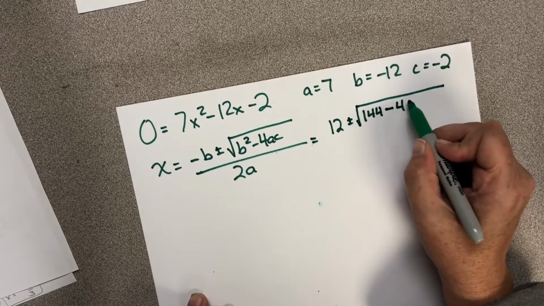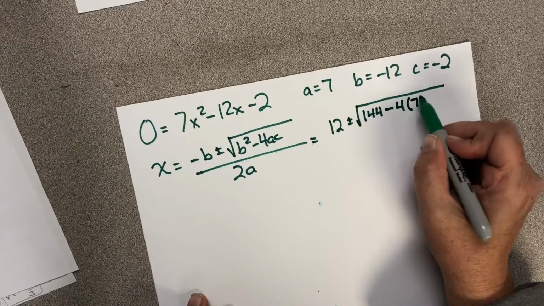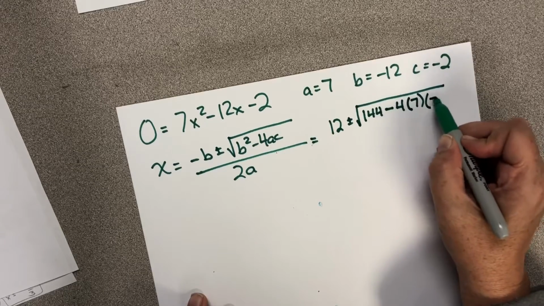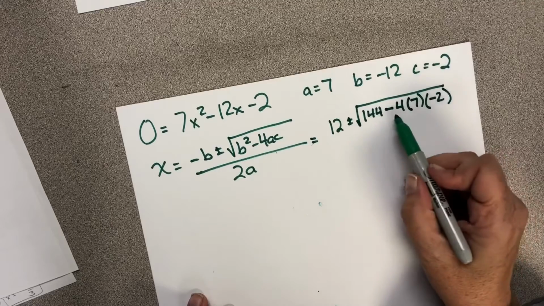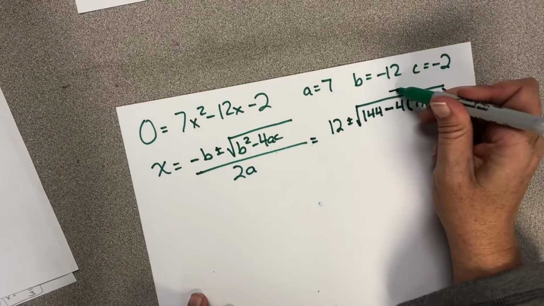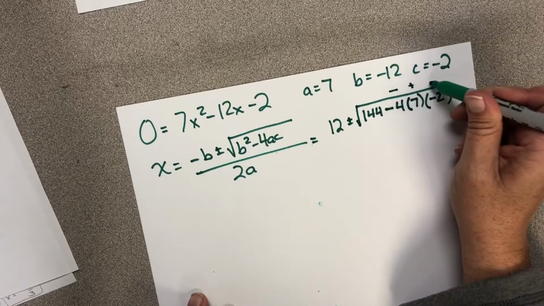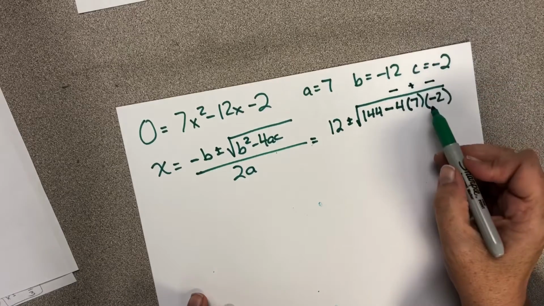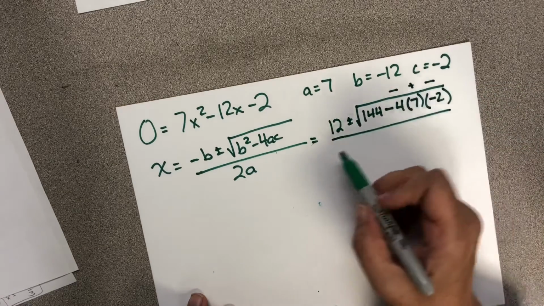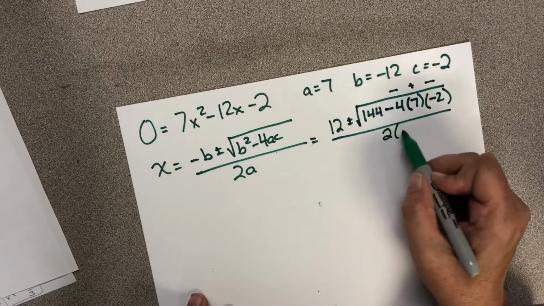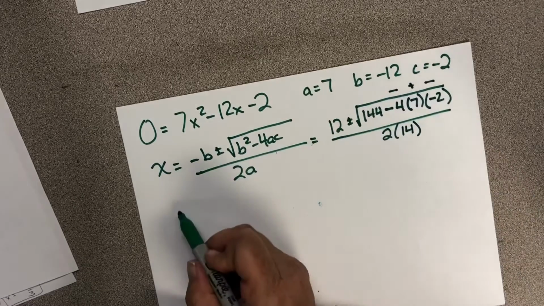Minus 4 times a times c. And hopefully you're noticing right here that you have a negative 4 times a positive 7 times a negative 2. You're going to end up with a positive product. And that's 2a on the bottom.